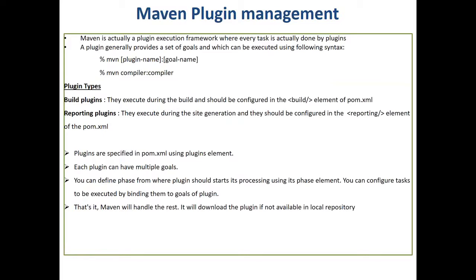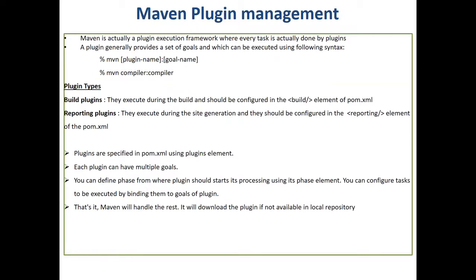Pretty much when you're working on Maven, more than 95% of the plugins that you're going to use will be of the type build plugin only. So the compile step, test step, or the package, install, deploy, clean, everything is going to be a part of build plugin only.